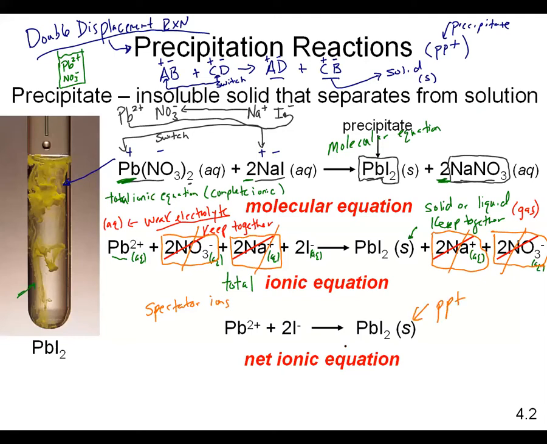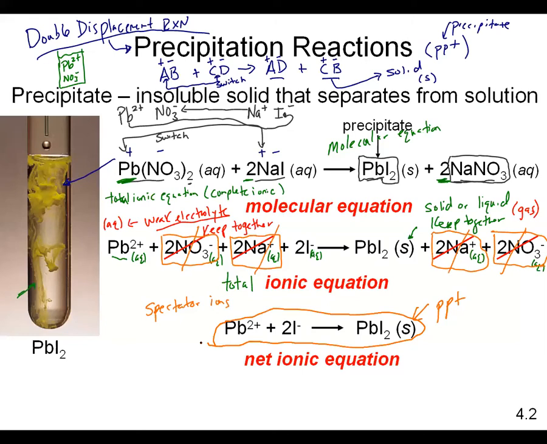So you can think of the net ionic equation as the basic bare bones of what is happening in this reaction. These are the two things that are coming together to form our product.